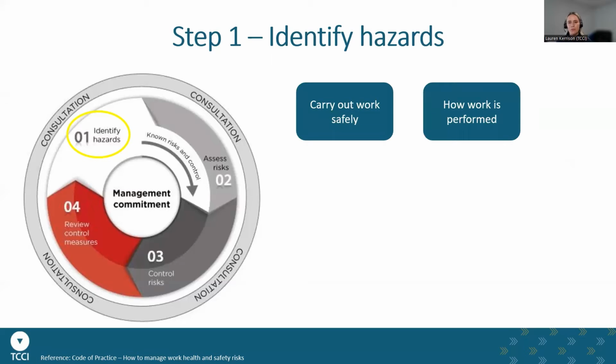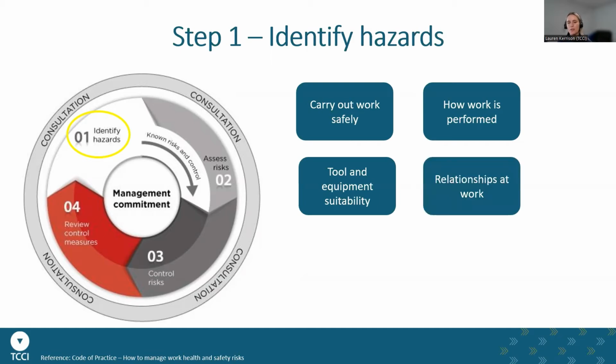How is work performed, including the physical, mental and emotional demands of the tasks and activities? How suitable are the tools and equipment for the tasks, and how well are they maintained? How do workers, managers and supervisors interact, and how are inappropriate behaviours or conflicts dealt with? And finally, have any changes occurred in the workplace since that may affect people's health and safety?